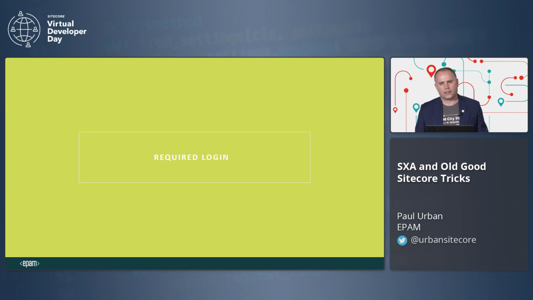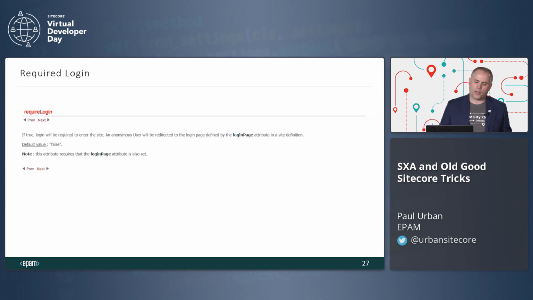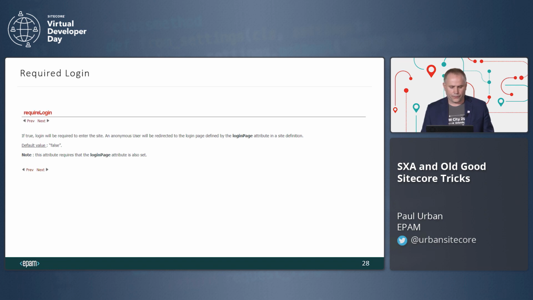But in our case, I needed to set this up quickly with just configuration the day that we discovered that we have our bridge. So I was thinking about the old Sitecore required login option that we have on the site definition level, where you can set required login to true.